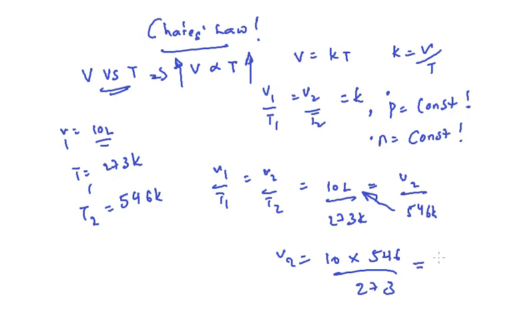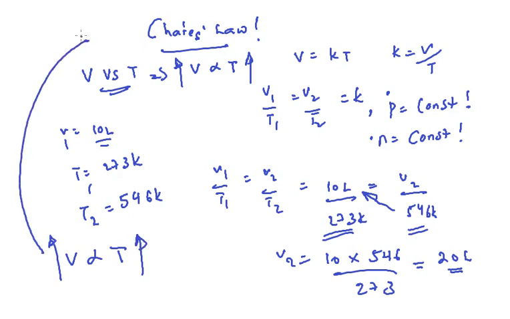So that gives me about 20 liters. You see, it doubled. You increase the temperature from 273 to 546, and the volume becomes 20 liters. So volume is directly proportional to temperature: increasing temperature increases the volume. That's what Charles' law tells us.